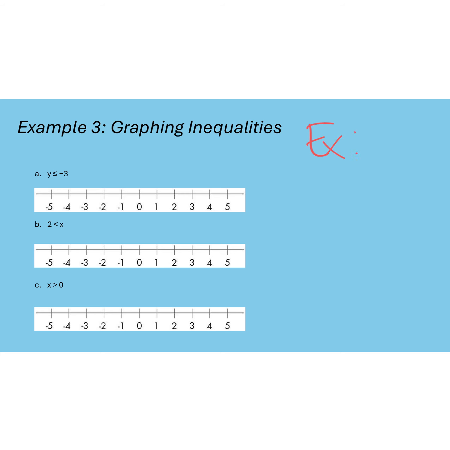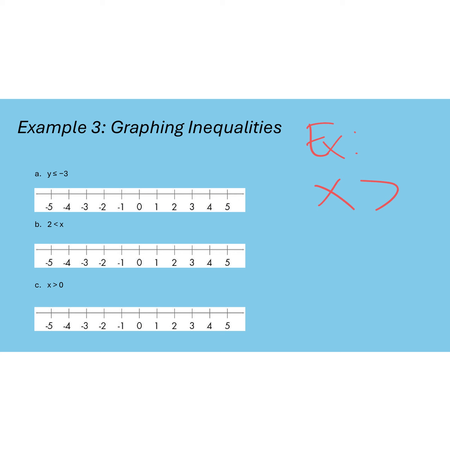Whichever way, this is just a shortcut: whether it be greater than, less than, or equal to, look at which way it is pointing, and that is where you're going to shade in that part.